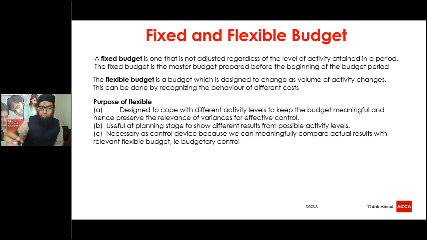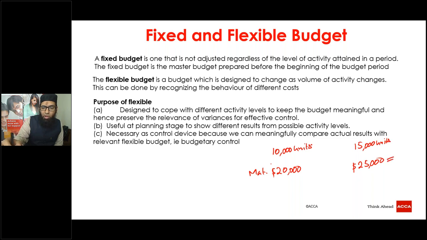Because what happens here is that if we have prepared a budget of 10,000 units and, suppose, the material cost is $20,000 in the budget, the actual material cost could be, suppose, $25,000. But we have produced 15,000 units.